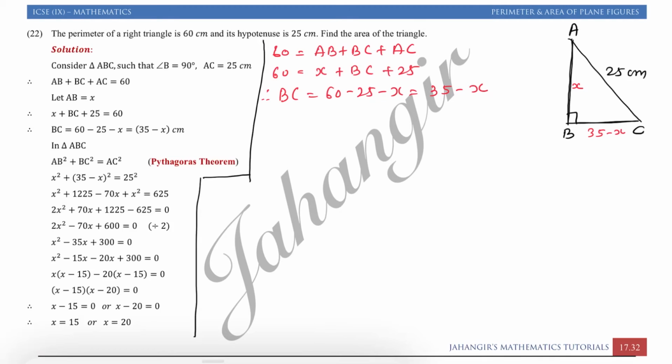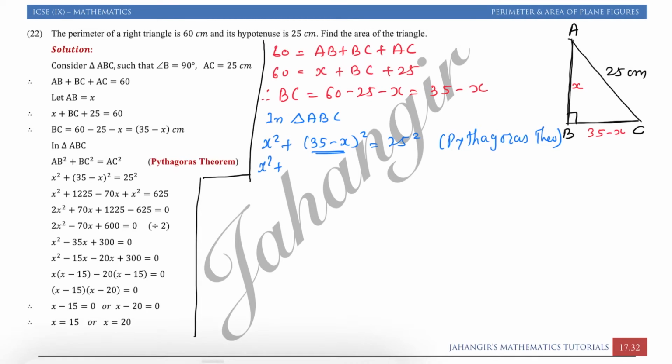Now we will use Pythagoras theorem to connect all three sides. So in triangle ABC, we can say AB square, that is X square, plus BC, which is 35 minus X whole square, is equal to 25 square. Pythagoras theorem. So x square plus, here we can use the (a minus b) whole square identity.